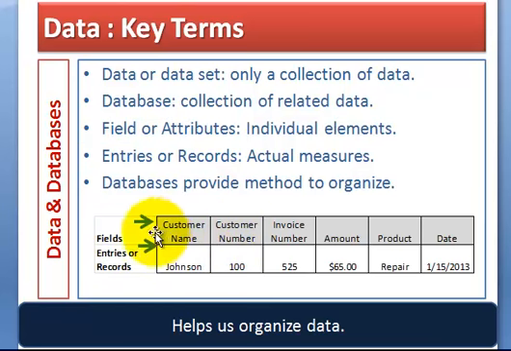These are called fields or attributes. And then in the database we have what are called individual entries or records, such as the name Johnson, such as the actual measure of 100. So a database is a way to provide us a method of organizing information with fields and attributes, and entries or records.